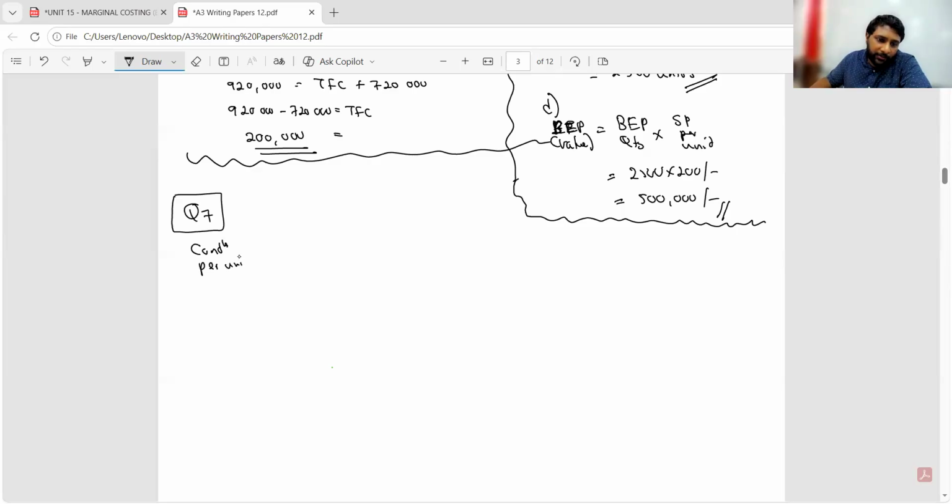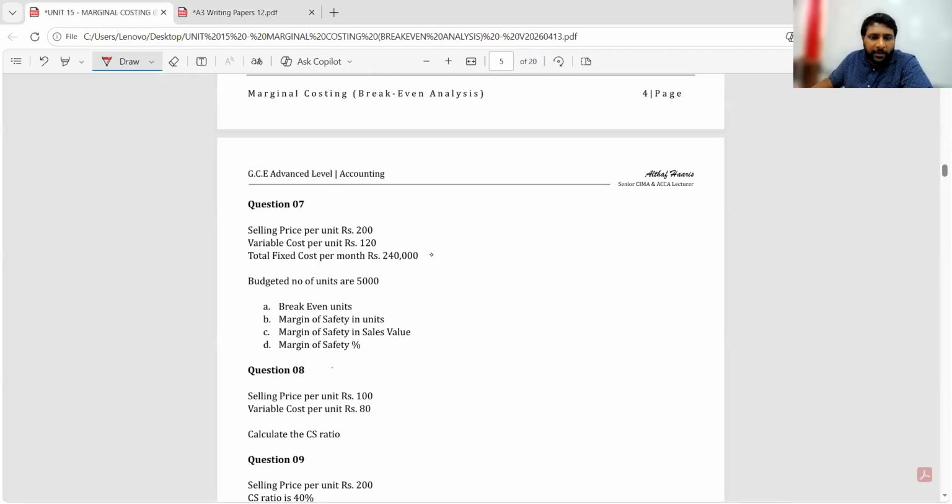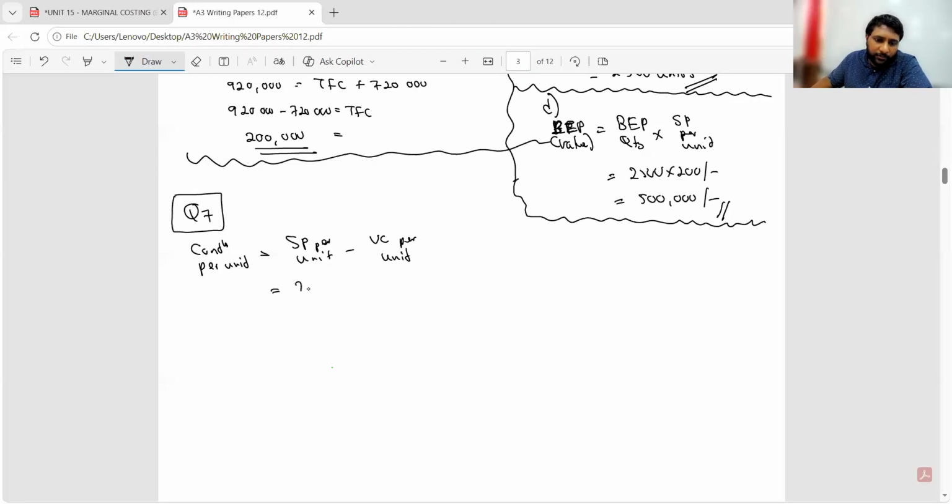Contribution per unit equals selling price per unit minus the variable cost per unit. Selling price per unit 200, variable cost per unit 120. Contribution per unit is 80.